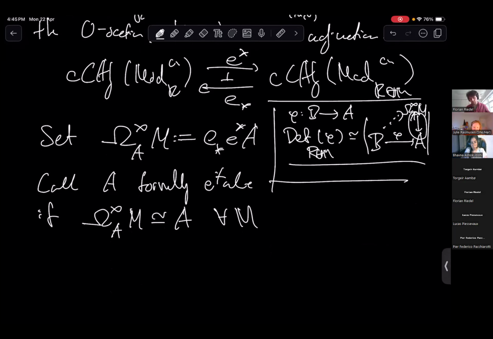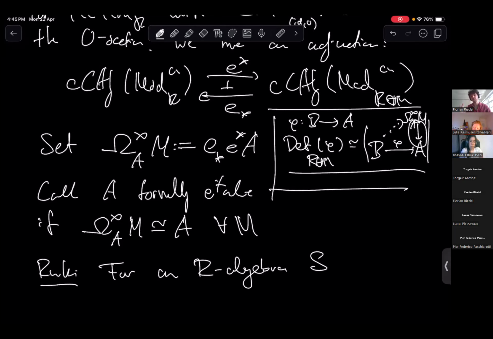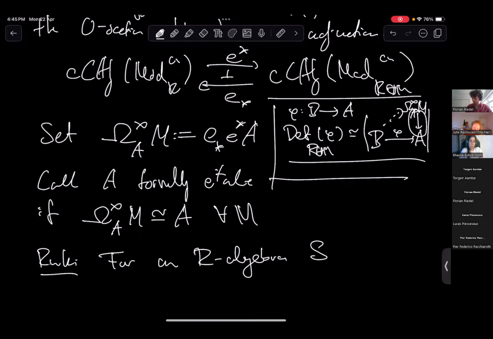Okay, and this seems kind of stupid as a definition. It seems a little strange, and it is strange. So let me remark the following. Remark: for an R algebra S, in algebra land, because restriction of scalars is lax monoidal, the right adjoint there is just induced from that.